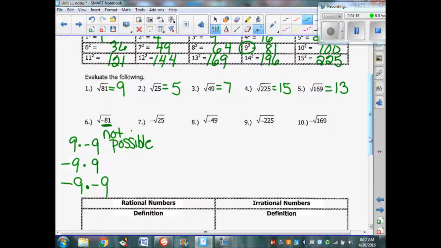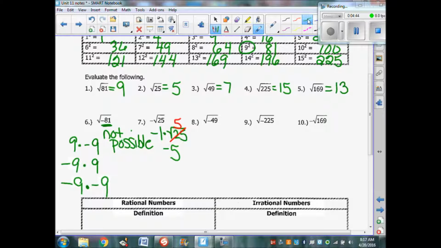You might be saying, well, I know that that's 5. Well, what's happening with that negative? It's really a negative 1 times the square root of 25. And you would know that that's going to be negative 5. Negative 1 times 5, so it's negative 1 times 5, which is negative 5.